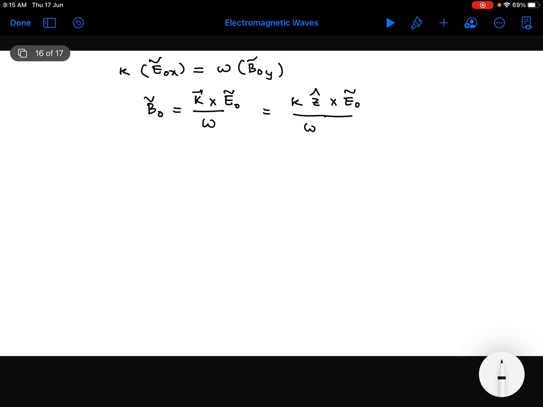For monochromatic waves, E and B are in phase and mutually perpendicular.